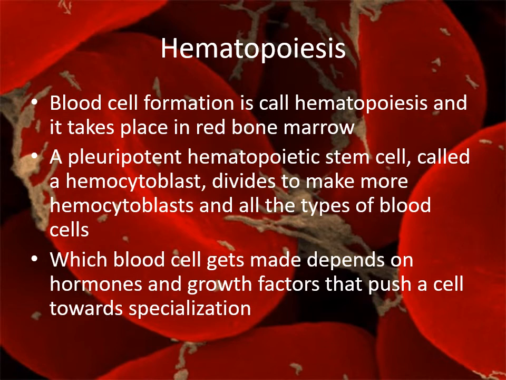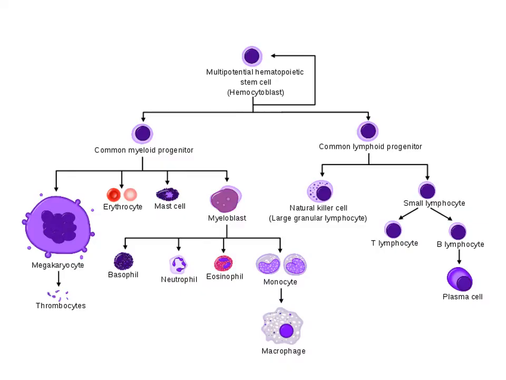Which blood cell gets made is going to depend on hormones, so a chemical signal that the red marrow receives, as well as growth factors that are going to push a cell towards specializing in either red blood cell, white blood cell, or platelet.